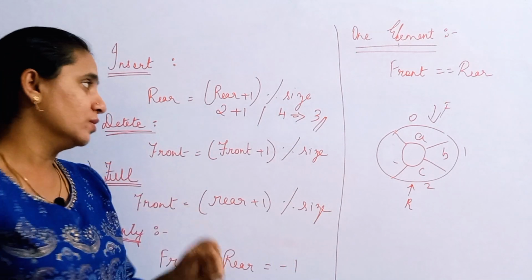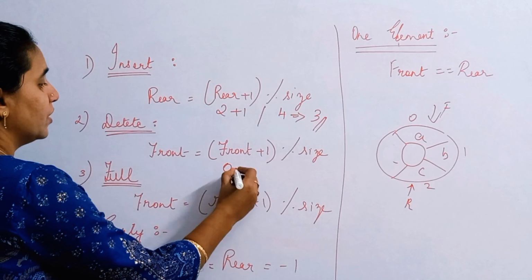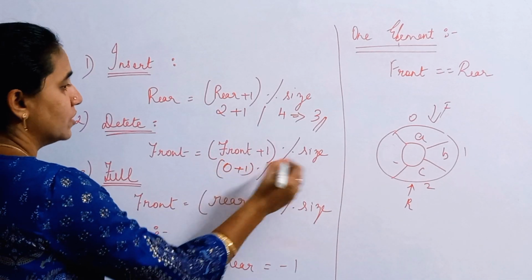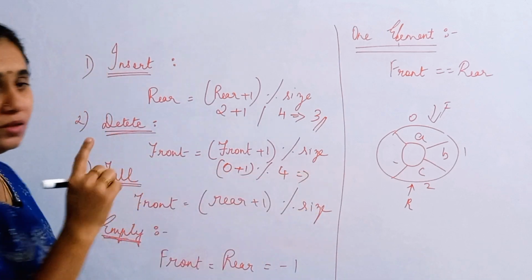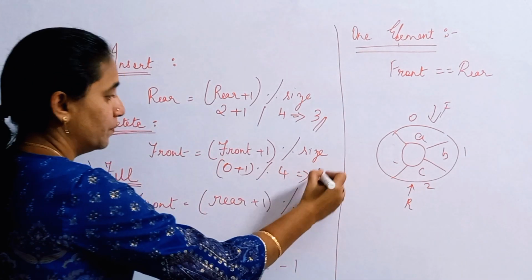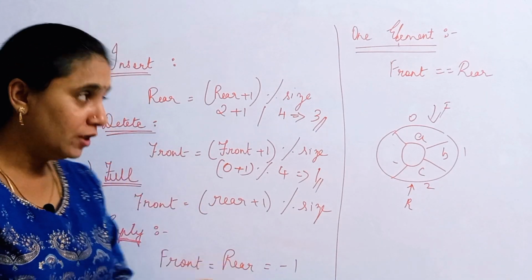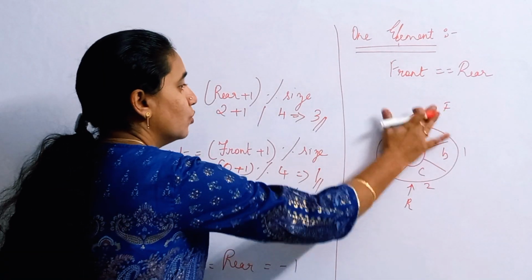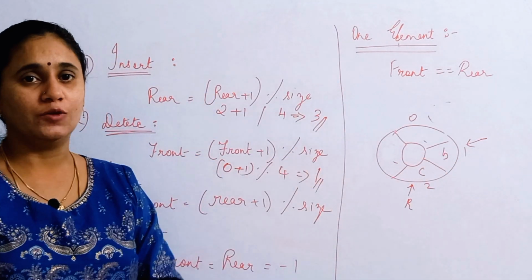That is my question. So what is my front value now? The front value is 0. So 0 plus 1 modulo size, which is 4. So 1 modulo 4 is 1, right? So my front pointer must be pointing to this location after deleting the element at the 0th index.